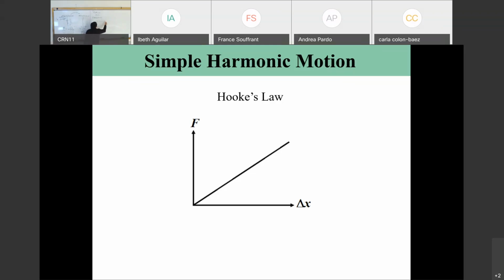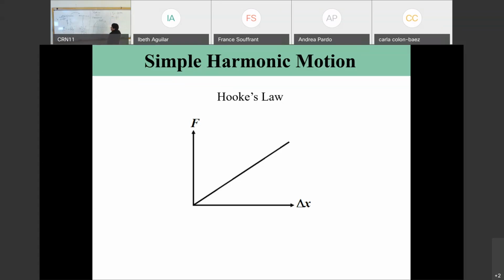They have a period, which is 2 pi. But in general, the period of a sine and cosine wave is 2 pi over omega.